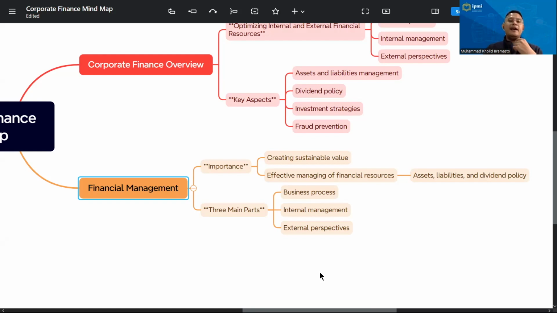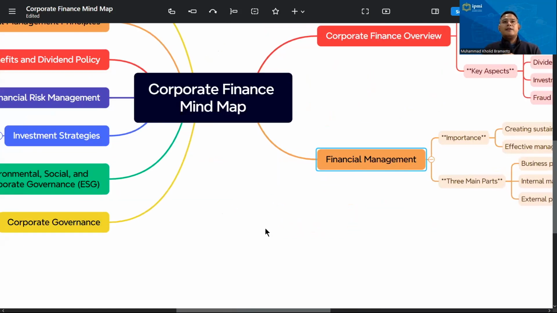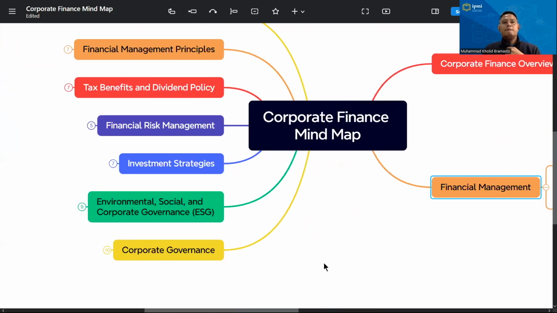And then the external perspective considers the external factors that can impact the company's financial performance, such as interest rate, economic conditions, and regulatory changes. It involves understanding the company's financial position in the broader market context and making decisions about dividend policy and investor relations that we'll discuss further in this video.